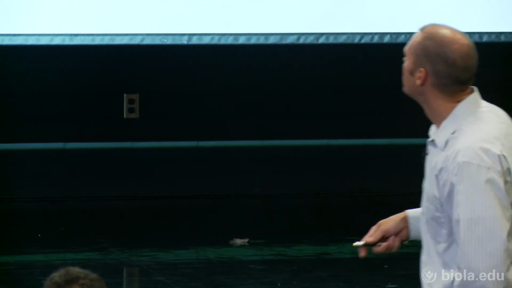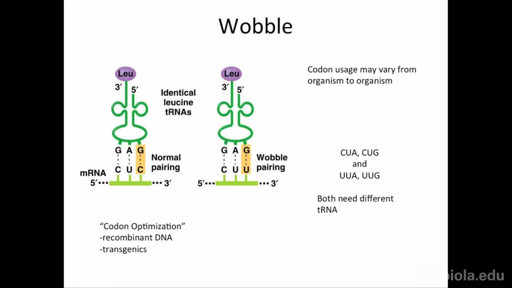What I want you to see, though, is you can reuse tRNAs, and this is where the wobble comes in. So here is a leucine amino acid stuck to the 3' end of the tRNA. Here's the mRNA that's being read, and here's the codon. CUC codes for leucine.